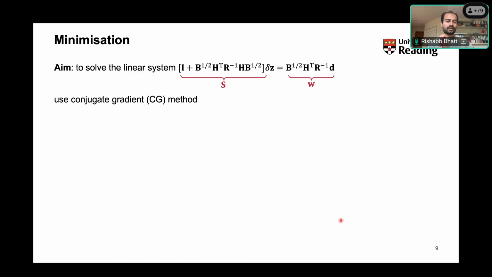Now, coming to the minimization. So as I said initially, when you do a preconditioned 3D incremental variational problem, it comes to solving a linear system of the form S times some increment S delta Z equals W, where S is your preconditioned Hessian and W is the right-hand side. Usually, since the matrix is supposed to be symmetric positive definite, the conjugate gradient method is applied.